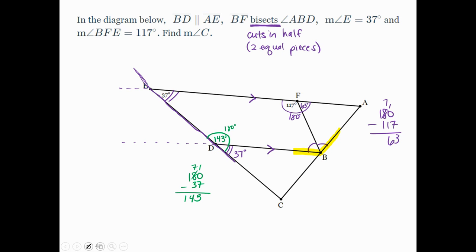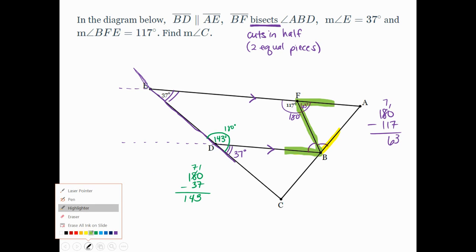All right, then I'm going to grab my highlighter and highlight in green. I have some fantastic parallel lines with a transversal. If I trace this angle of 63 degrees and follow it down to this angle right here, you'll notice there's my Z, or I have alternate interior angles.